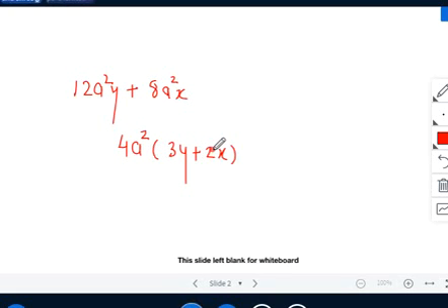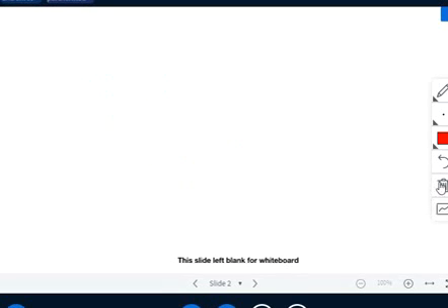Now, expand and simplify three different brackets. Okay, so we have seen how to factorize, how to expand. Now the next is expand three brackets. So it's x plus 2, and one I'm doing.